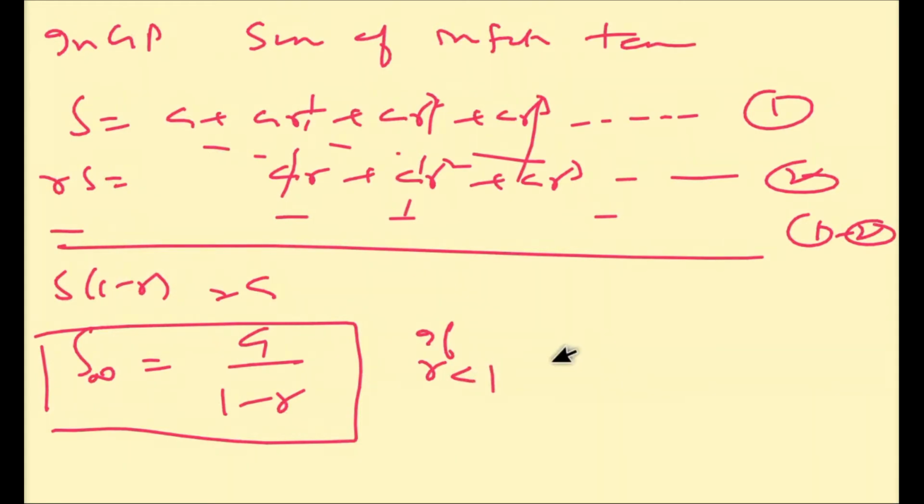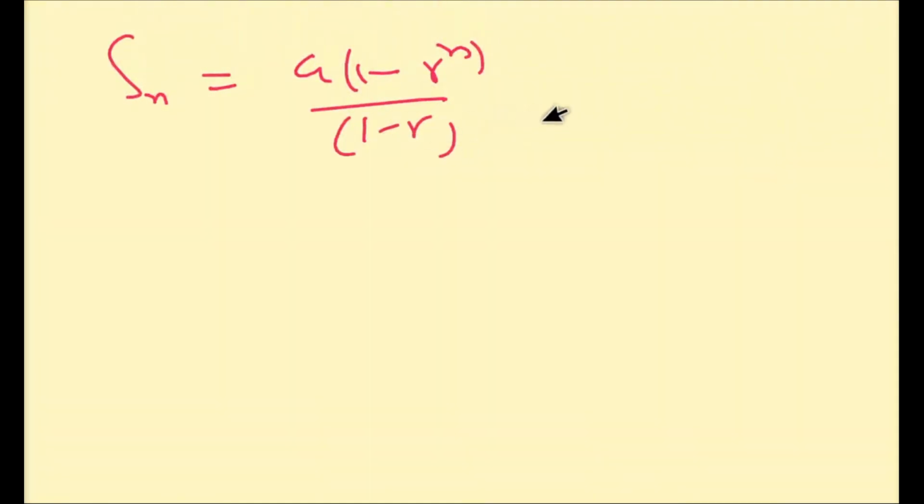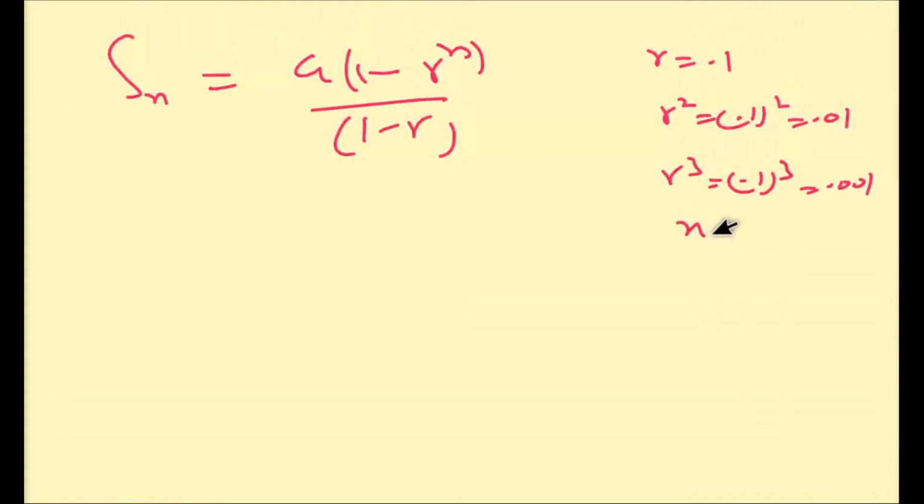Now we can also find this formula using a(1 minus r^n) upon (1 minus r). You can see if r equal to 0.1, then the value of r square is 0.01, and r cube is 0.001. If n tends towards infinity, what is the value of r^n?